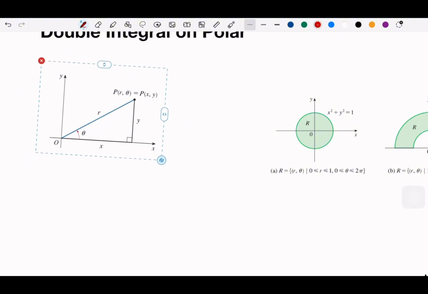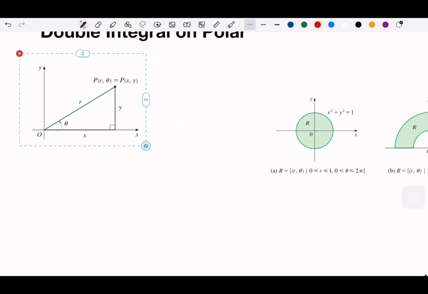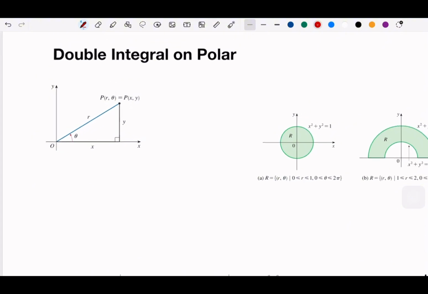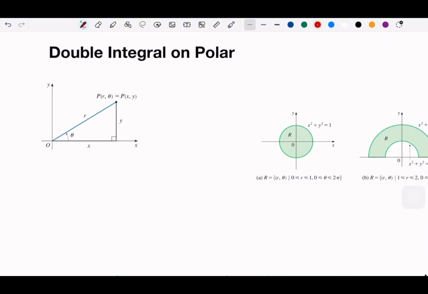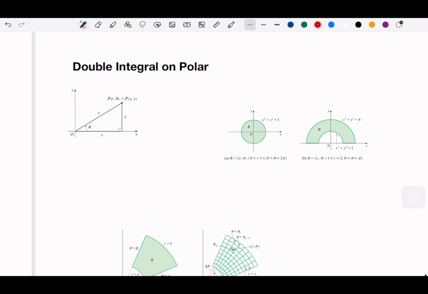So first thing is we can convert this. Wait. Okay, wait a minute.